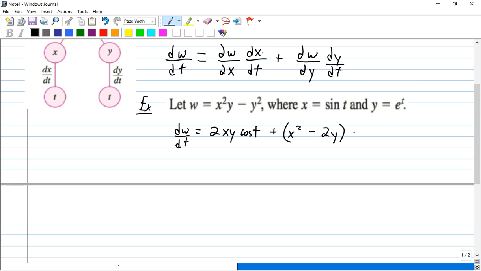And dy dt here is just going to be e to the t. So we'll take the derivative of e to the t. The derivative of e to the t is e to the t. It's like the derivative of e to the x is e to the x.